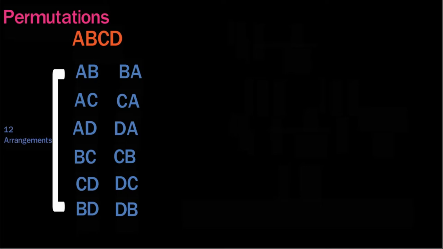So if you want to use the permutation formula, which is nPr, we will have n factorial over n minus r factorial. So in this case, what is our n? We have 4 characters, so it's 4P. Now we want to arrange only 2 characters, so we have 2 here.